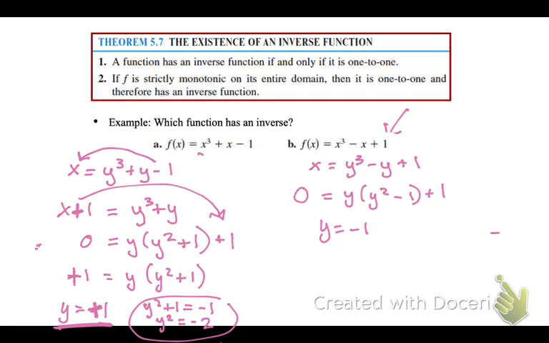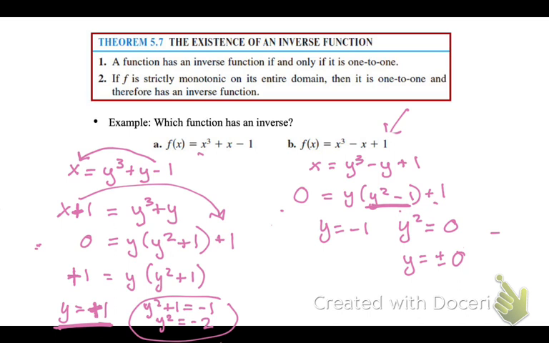And over here, that's going to give me y squared equals 0, isn't it? Yeah. Because you're going to subtract 1 and then add 1. So that would give you y equals plus or minus 0. Now, plus or minus 0 is how many numbers?